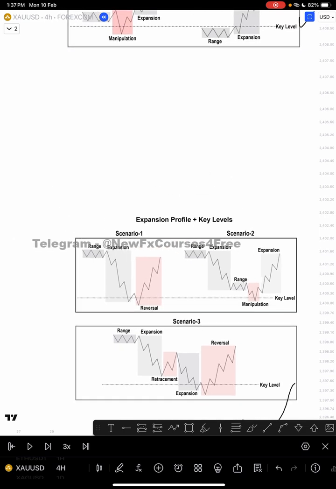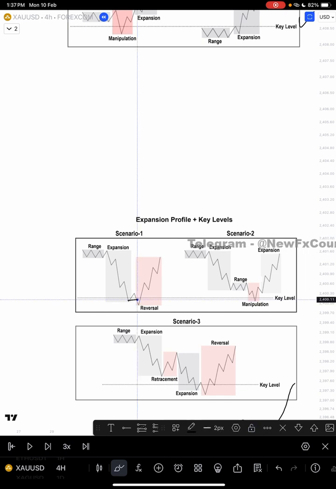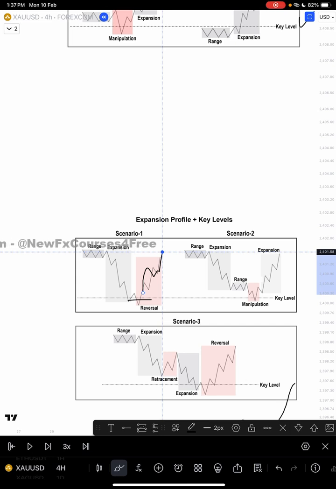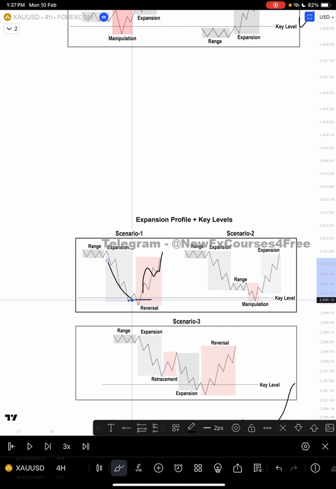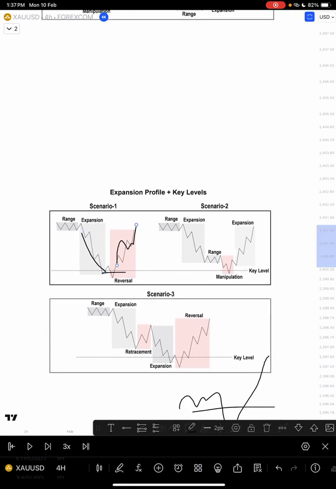So here you can see the turtle soup into the key level. After the expansion profile ends, expansion into our key level, we begin our reversal profile with a turtle soup. Same thing here on your second scenario.